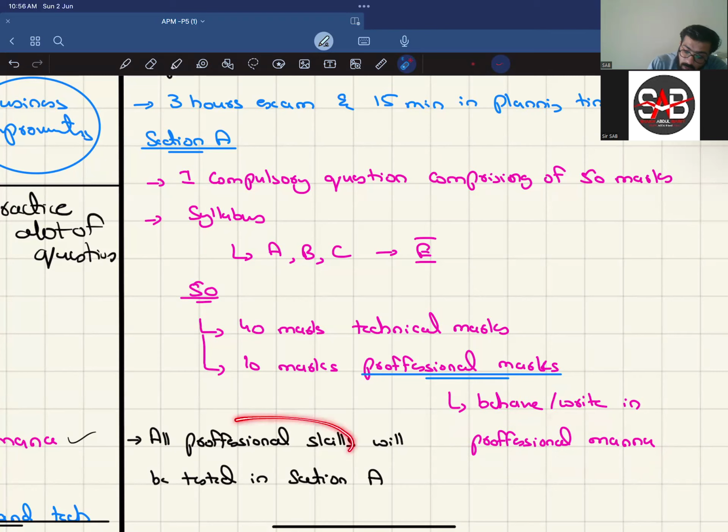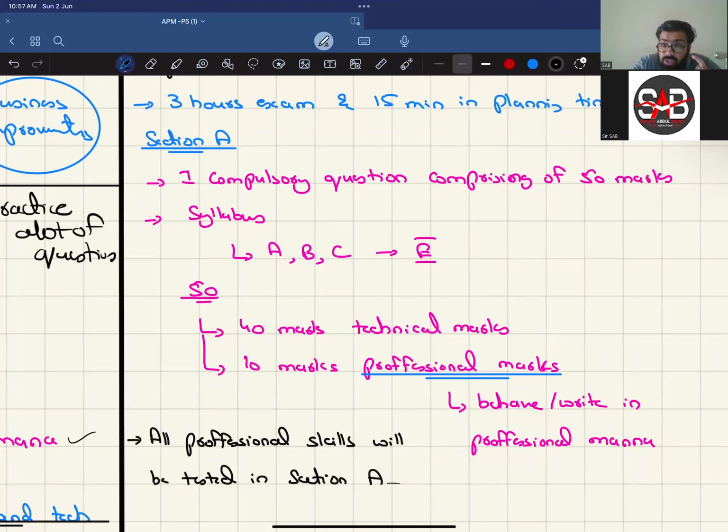All professional skills will be tested, with no categorization of any skill. They could be 2 marks each or 3 marks for one, and the remaining can be breaking marks.